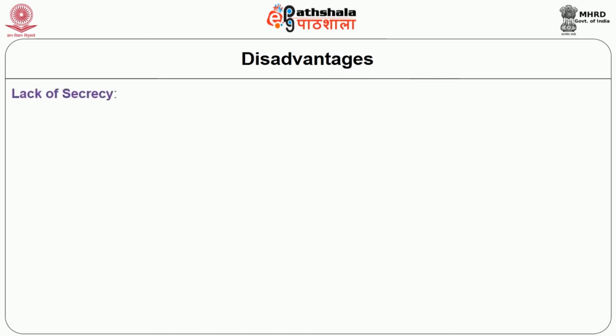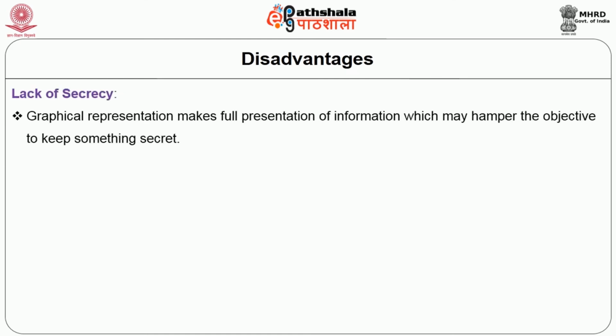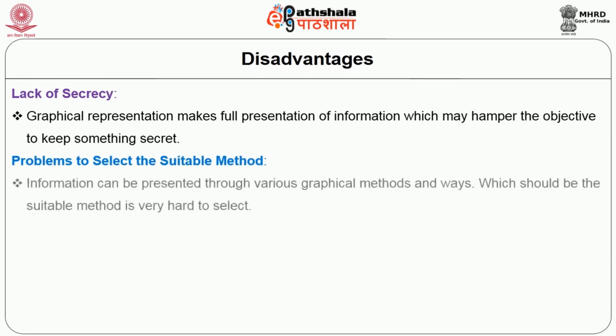Lack of secrecy. Graphical representation makes full representation of information which may hamper the objective to keep something secret. Problems to select the suitable method. Information can be presented through various graphical methods and ways. Which should be the suitable method is very hard to select.